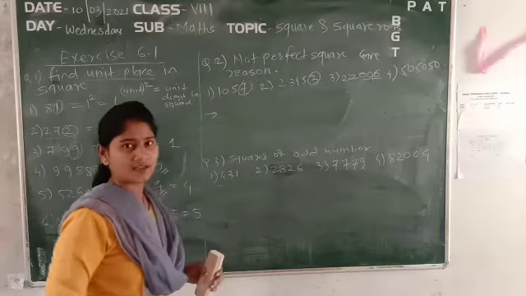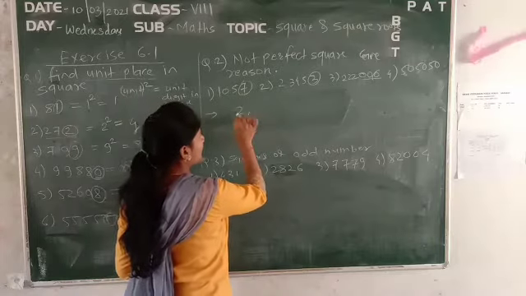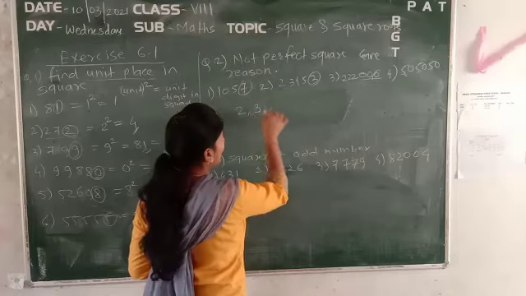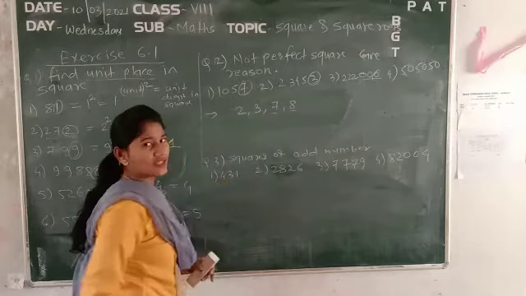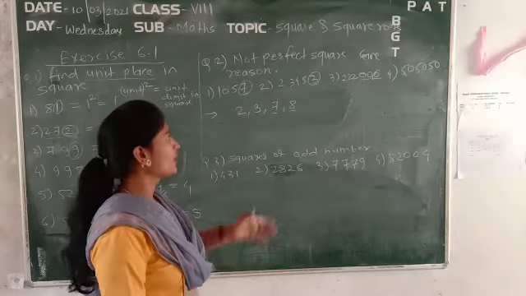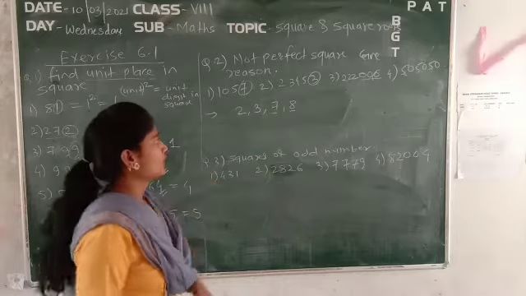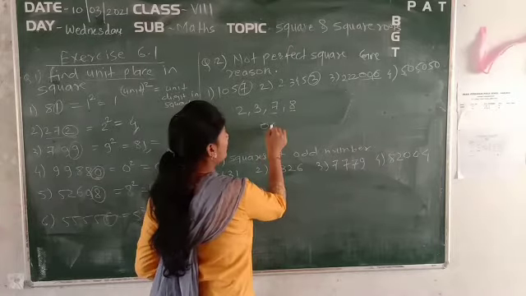See here it is a 7. I already gave you one property, that a square number does not end with 2, 3, 7 or 8. Just remember the property. So the square number should not end with these digits. Again, the most important thing within that is that it will not end with an odd number of zeros.